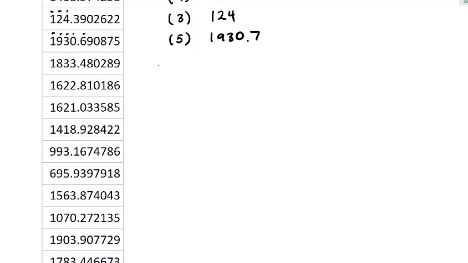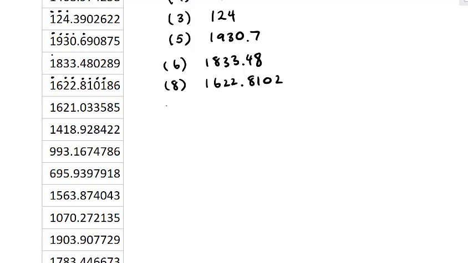Okay, let's do this one to, let's say 6 significant figures. So 1, 2, 3, 4, 5, 6. This is going to round down because it's a 0, so 1833.48. Okay, let's do this one to 8 significant figures. 1, 2, 3, 4, 5, 6, 7, 8. It's going to round up, so 1622.8102.